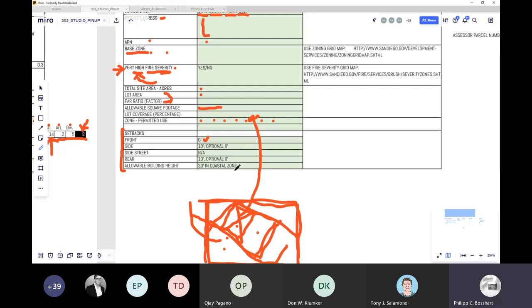Allowable building heights. If you really go into the detail of this, the 30 feet is in most cases made up of planes setting back. They would establish maybe that 30 feet is the max, but how you get there is what OJ's diagram talked about.